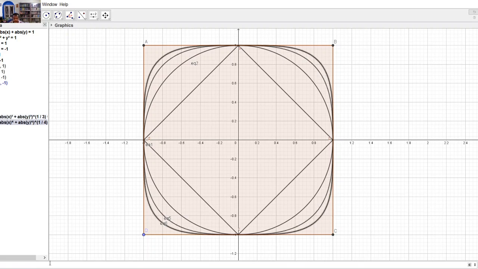So you can see that this one is the unit circle with respect to the 4 norm on R2.